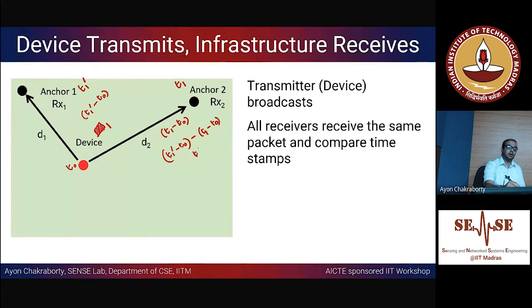Simply t1 prime minus t1, which gets rid of the value t0. Now t1 prime minus t0 multiplied by c is d1, and t1 minus t0 multiplied by c is d2. So t1 prime minus t1, multiplied by c, is nothing but d1 minus d2.